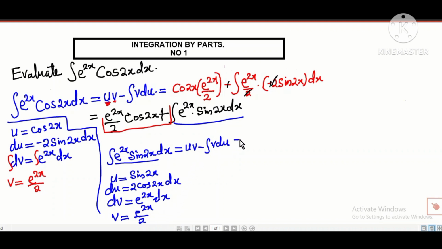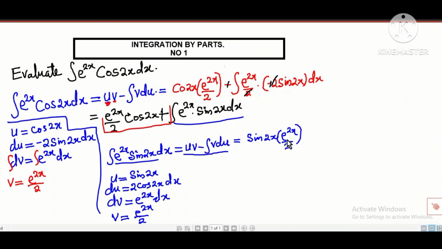Now I'm going to put it inside here. Just be patient and follow as I go through. So u comes first, and that is going to be sine 2x multiplied by, after u, the next thing is v, and v is e to the power 2x over 2.